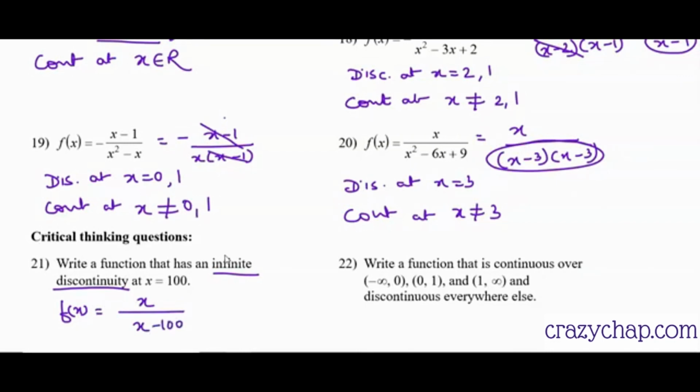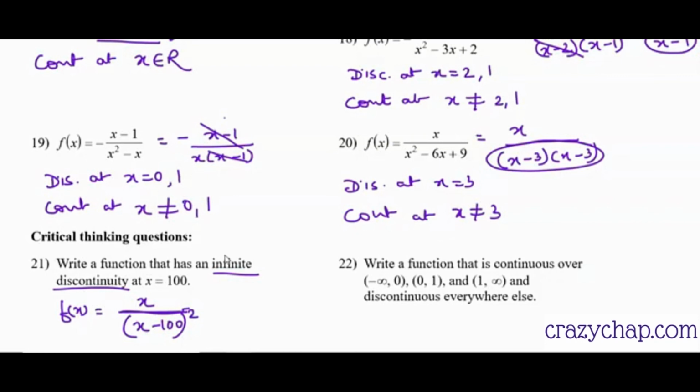Whether you write x minus 100, or x minus 100 whole square or whole cube, it is all infinite discontinuity. Okay, you can have different answers, not an issue. The only point is that the denominator should have x minus 100, and you should not have a common factor with the numerator.